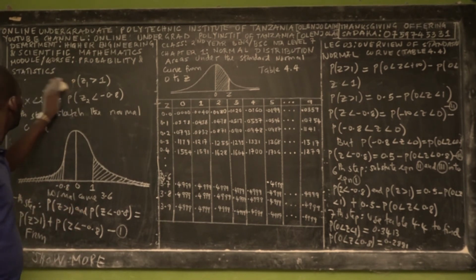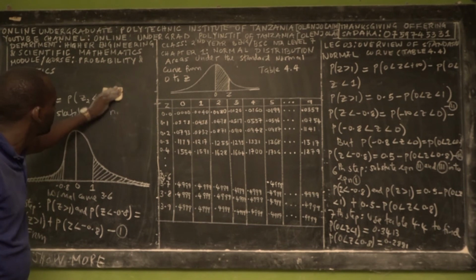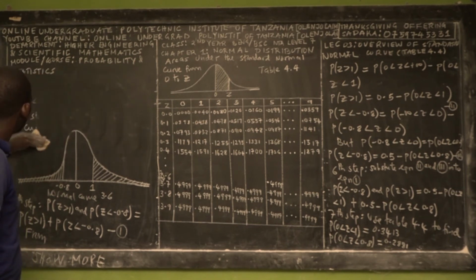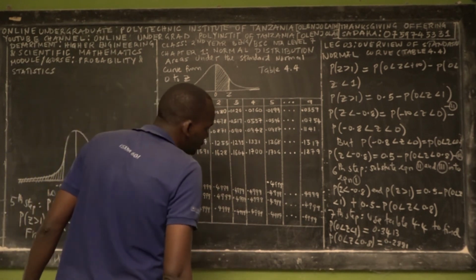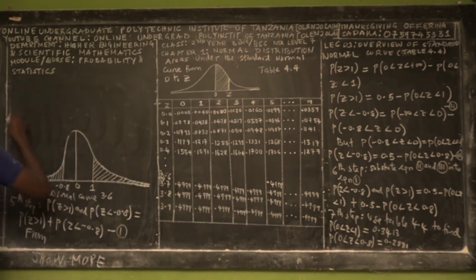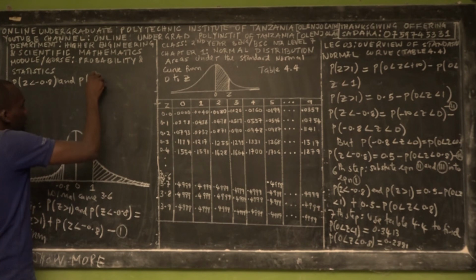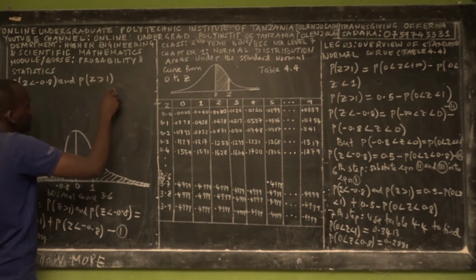Okay, so we have those values, then we can find the area under the normal curve, which is the probability of z less than negative 0.8 and the probability of z greater than 1.